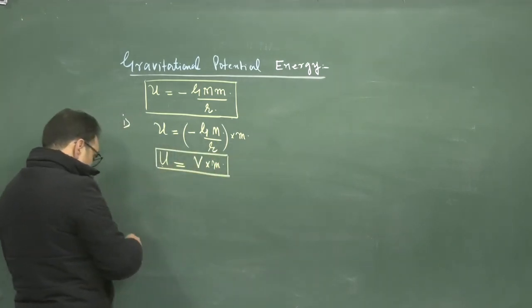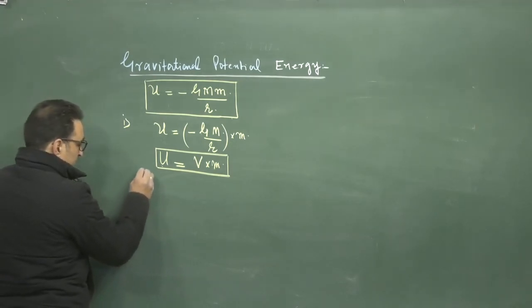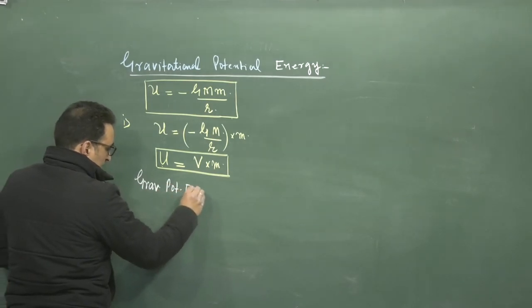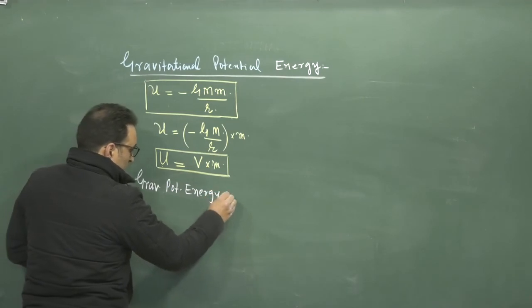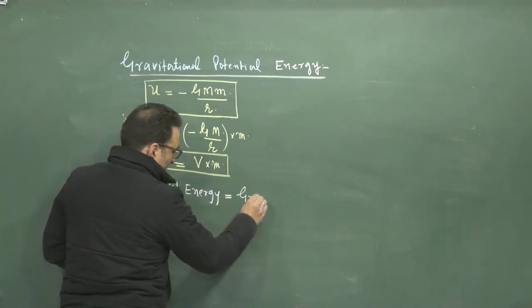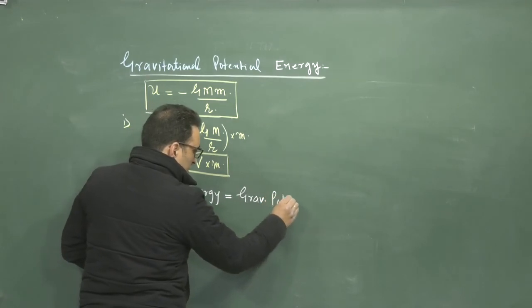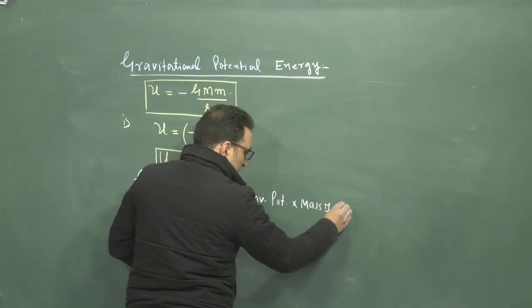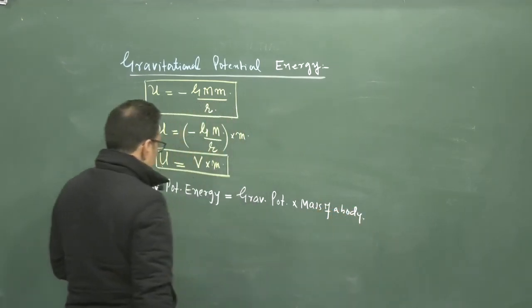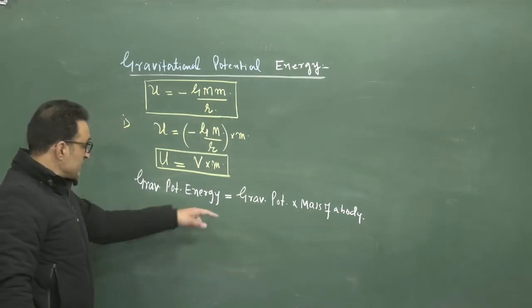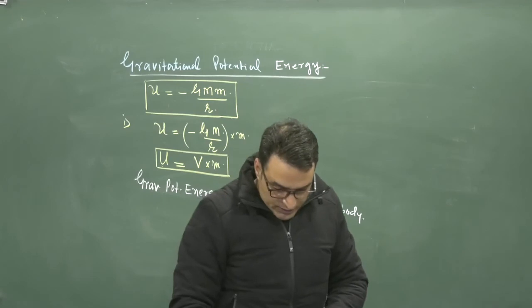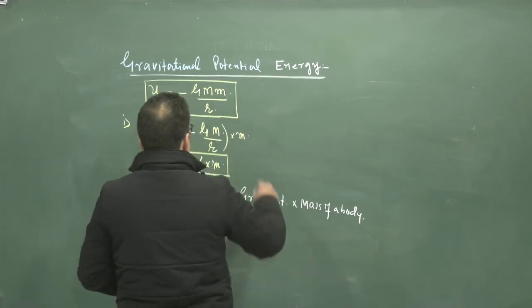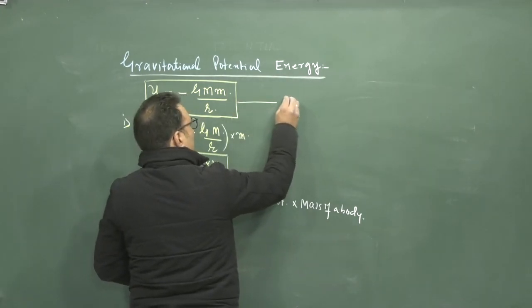This means gravitational potential energy is equal to the gravitational potential into mass of a body. This is the first important point. That is, the gravitational potential energy is equal to gravitational potential into the mass of the body. Now, let me mark this equation as x.